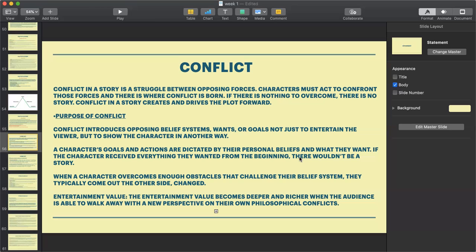The character wants to become something, but he has these problems in front of him. He has a goal, but he has these challenges in front of him. Okay, not just to entertain the viewer. Of course, it will entertain the viewer, but not only for that reason, but to show the character grow, to show the character in another way.